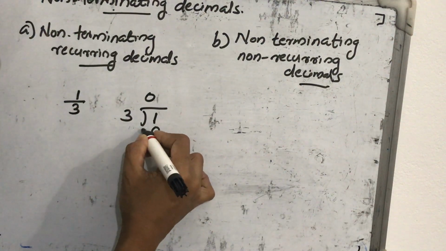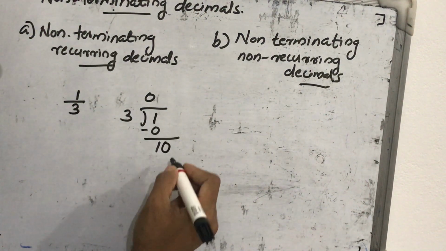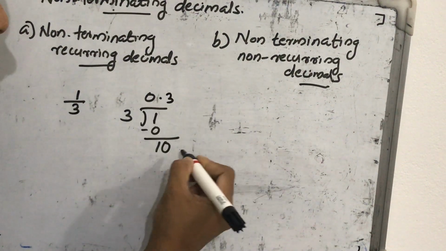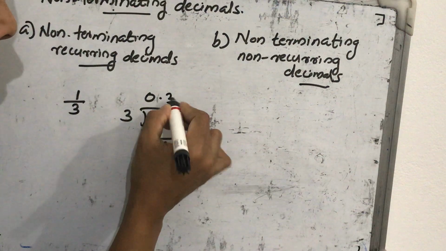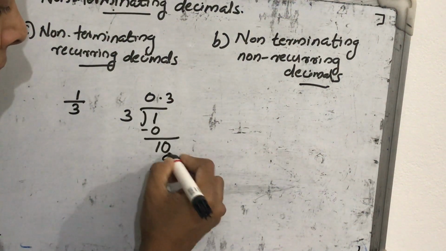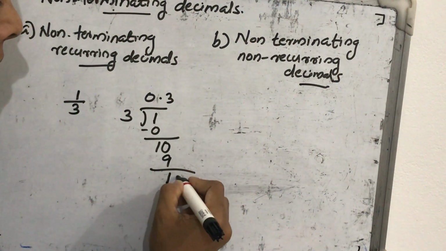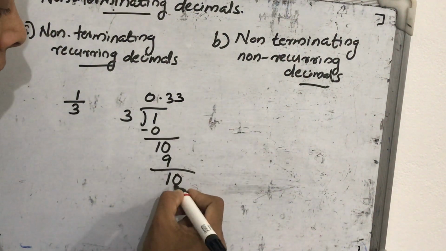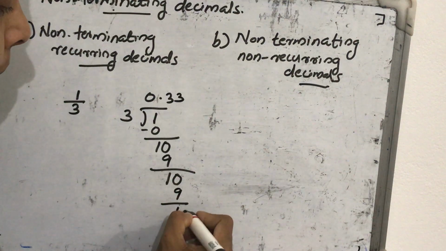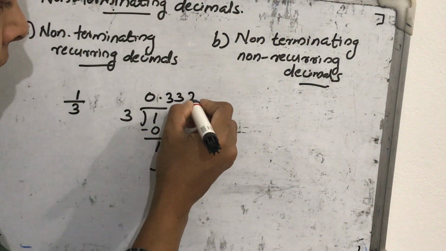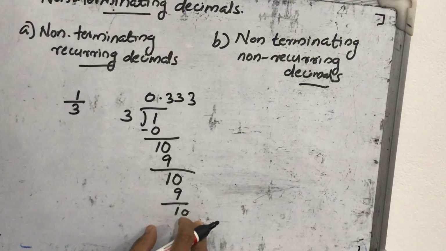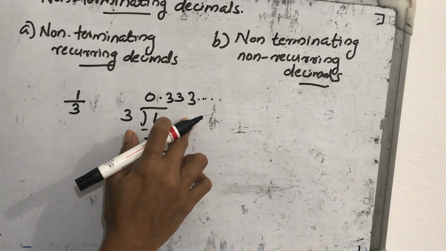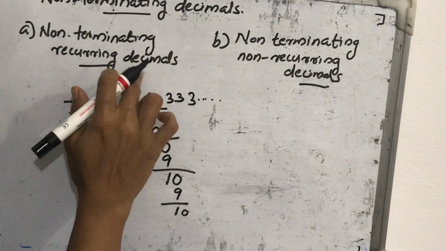Subtracting, we get 1, then bring down 0, put the decimal point, and 10 divided by 3 we get 3. 3 into 3, 9, 10 minus 9, 1, then 0, again 10 by 3 we get 3, so 9. This will keep repeating, and we will never get a remainder of 0. Such decimals are called non-terminating recurring decimals.